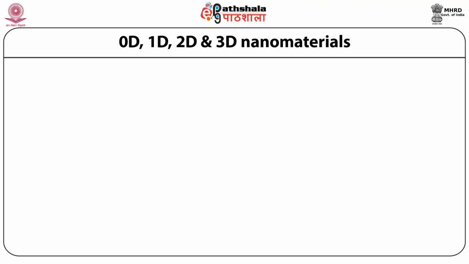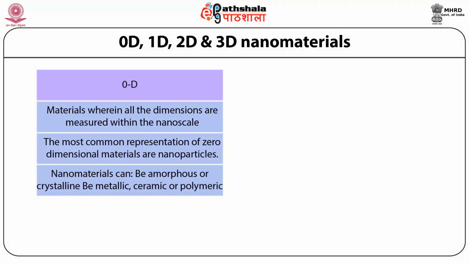In this slide, I want to discuss the properties of these 0D, 1D and 2D nanomaterials. In 0D nanostructures, the motion of electrons is confined in all the 3 dimensions. Therefore, electrons are restricted in all the 3 directions to move. Examples of 0D nanostructures are the nanoparticles and the quantum dots.